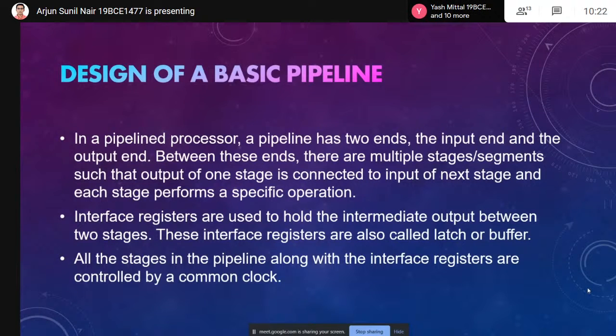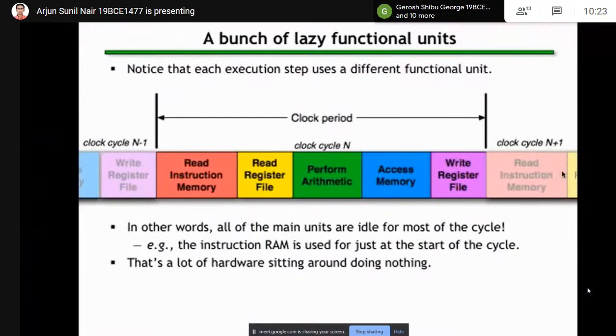There were 3 stages: one was the engine phase, second was the body, and then the paint phase. In a similar manner, processors also have stages, which I will be discussing in the further slides. There are also interface registers that take this input and store it so that it can be the input of the next phase. All these stages of the pipeline along with the interface registers are controlled by a common clock cycle. So in one clock cycle, multiple instructions are being executed due to this architecture. Let's go to the next slide.